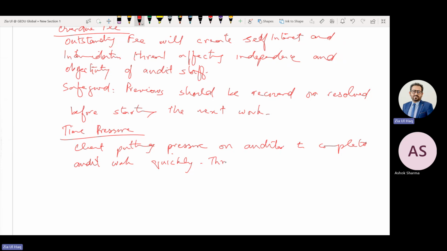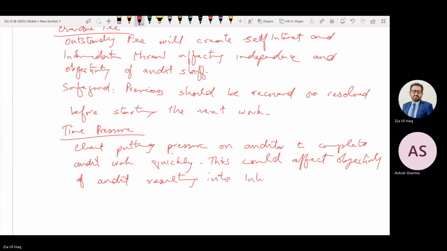This could affect objectivity of the audit, resulting into what? Intimidation threat.